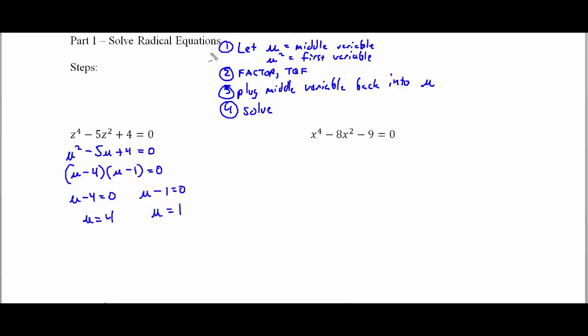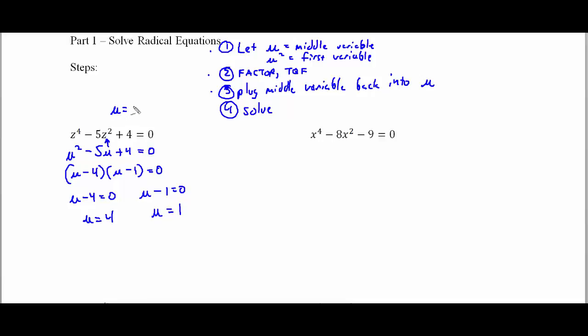Now, I've done steps 1 and 2, which is let u equal the middle variable and factor. Now what I'm about to do is plug the middle variable back into u, because these are not my final answers. My final answers are not u equals 4 and 1, because I'm going to take that middle variable which u was plugged into. See, there's my u equaling z squared.